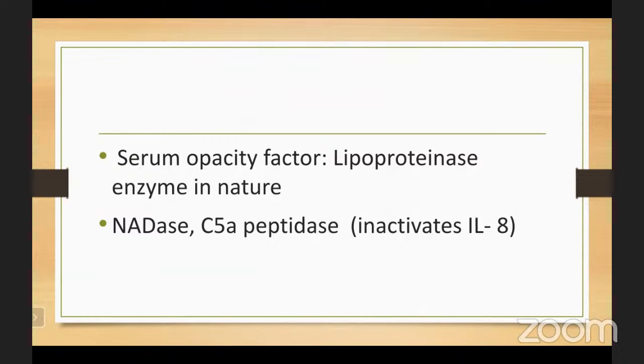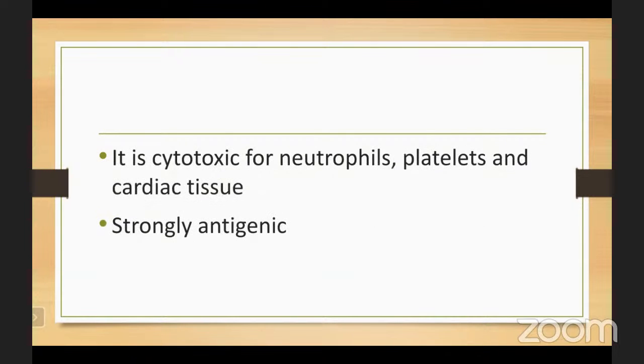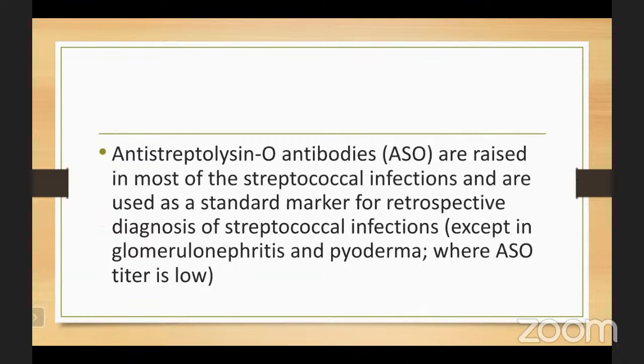It inactivates interleukin 8. Next one is streptolysin O. Streptolysin O is oxygen labile, so it is named streptolysin O. Hemolysis is seen only in deep colonies. In a pour plate, it is seen, as it is inactivated in the presence of oxygen. Streptolysin O is cytotoxic for neutrophils, platelets, and cardiac tissue. Streptolysin O is strongly antigenic. Anti-streptolysin O antibodies are raised in most streptococcal infections.